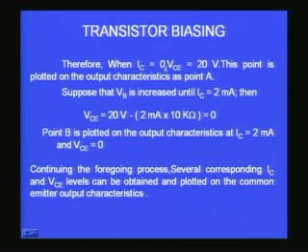Similarly, when IC is equal to 0, VCE is 20. Also, when IC is maximum corresponding to 2 milliamperes, 2 milliamperes into 10 kilo ohm, milliampere and K will go, 2 into 10 will become 20, 20 minus 20 is 0, that corresponds to the point on the y axis. So, that is the 2 milliampere point when VCE is equal to 0, that is how the load line is obtained.